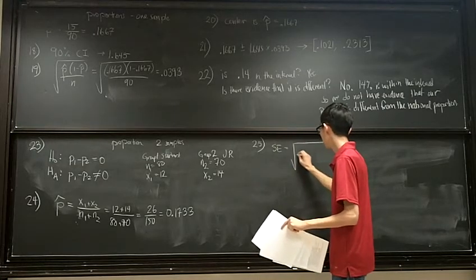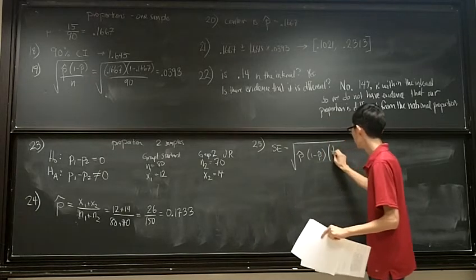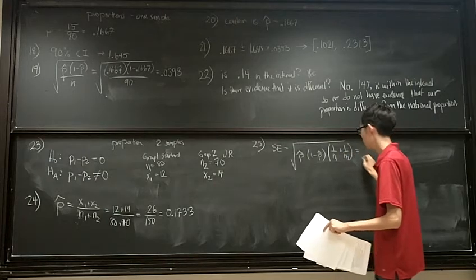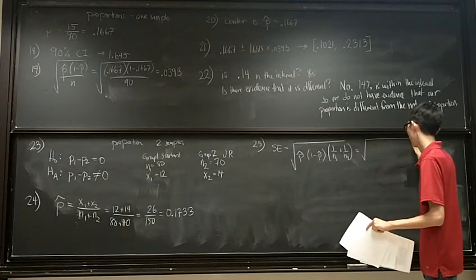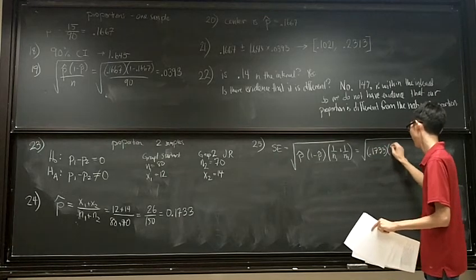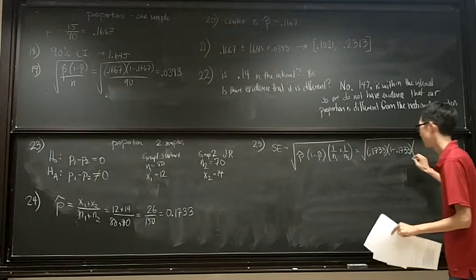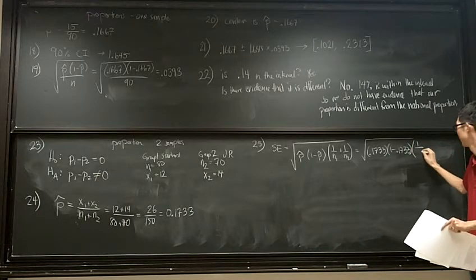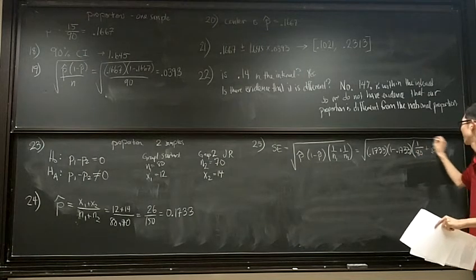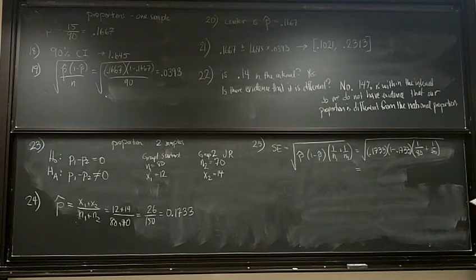My standard error is the square root of p hat times 1 minus p hat times 1 over n1 plus 1 over n2. That's going to give me my standard error.